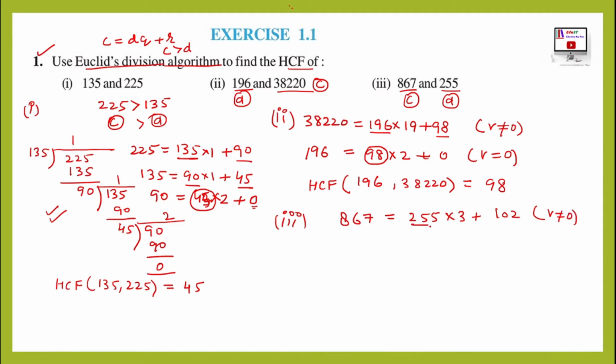So new numbers will be 255 and 102. So this 255 is equal to 102 into 2 plus 51.